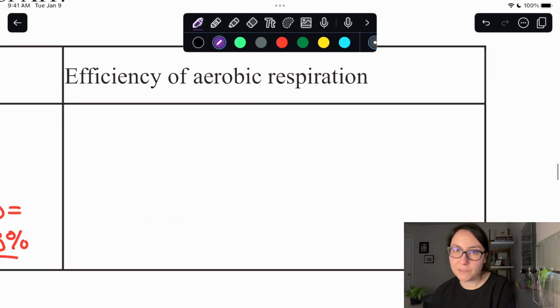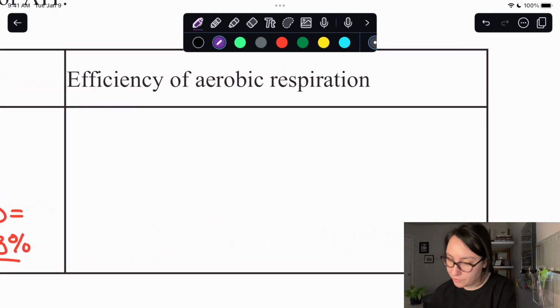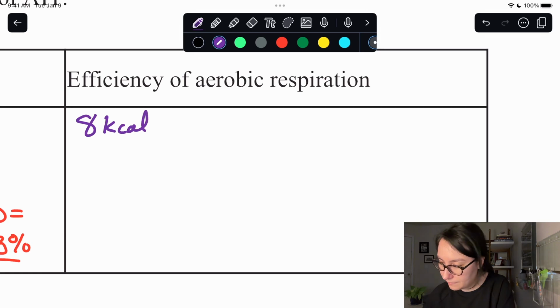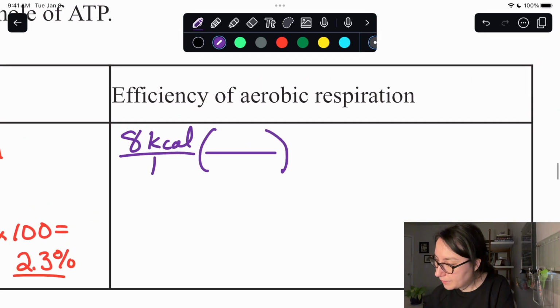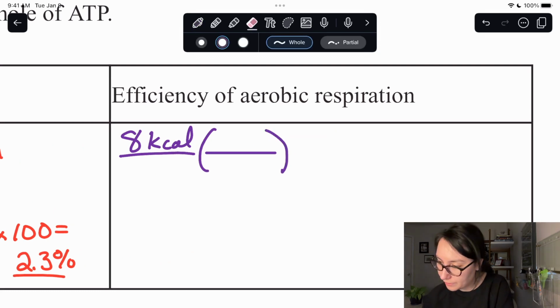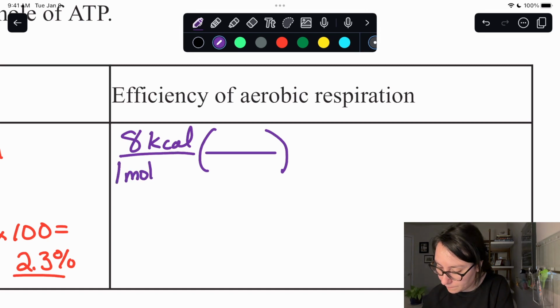We'll move the purple over for aerobic respiration. Similar setup, 8 calories over 1. And then you put over here calories per 1 mole ATP.